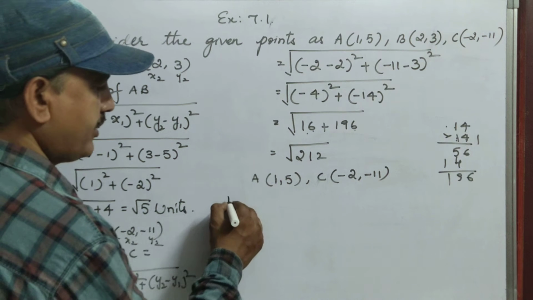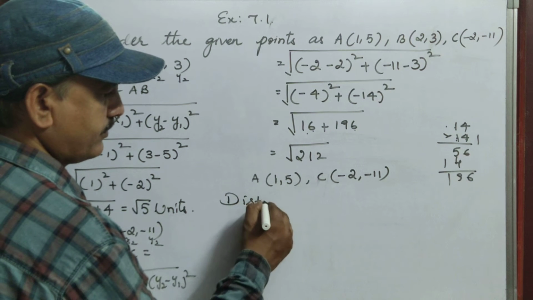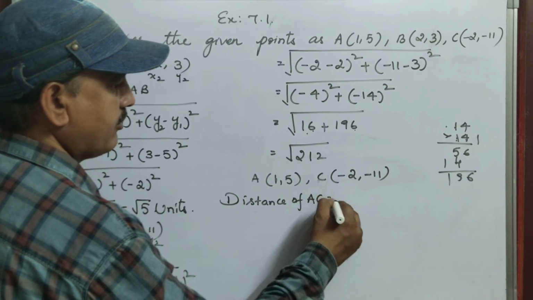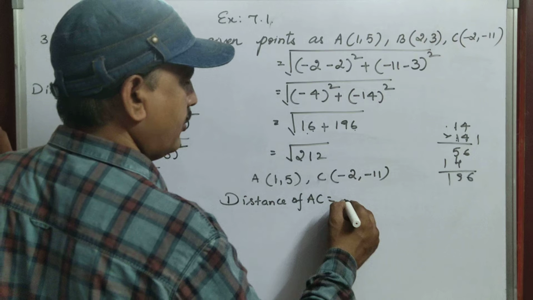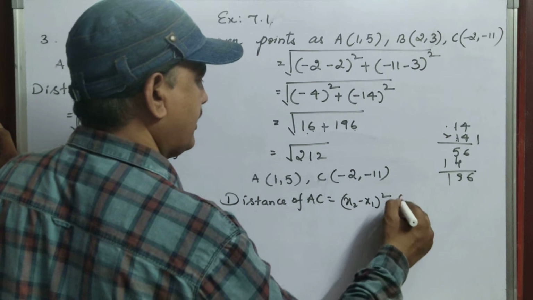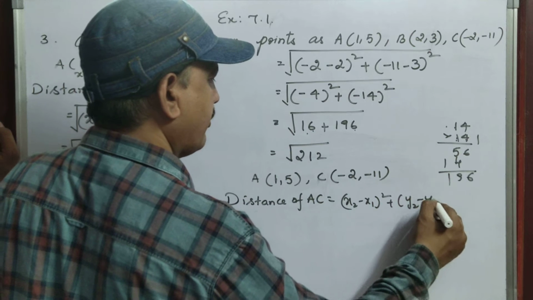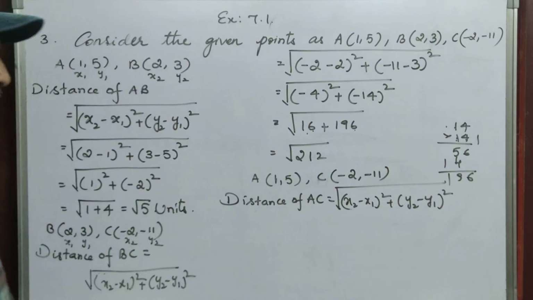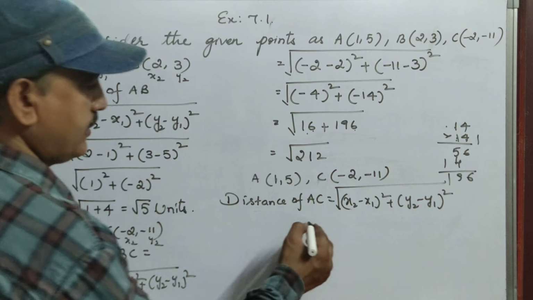So distance of AC equals to the same formula, root over x2 minus x1 whole square plus y2 minus y1 whole square.